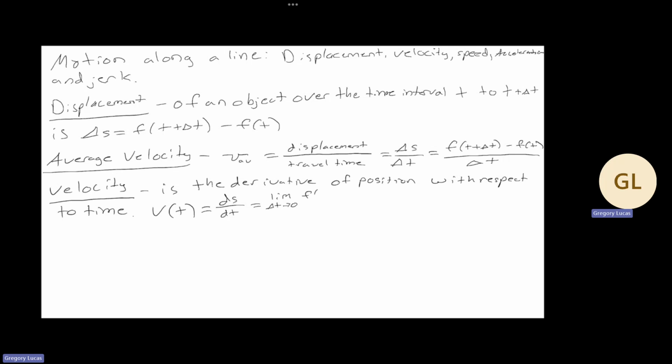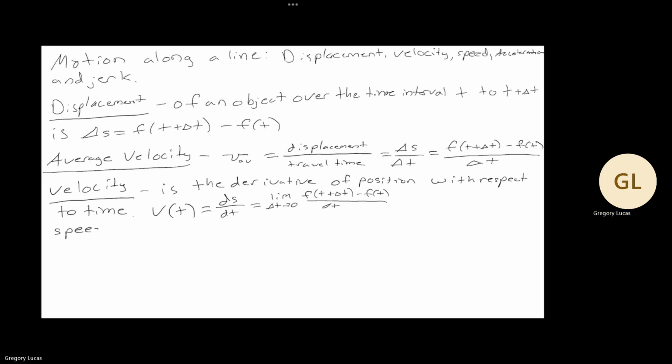So we have f of t plus delta t minus f of t, all divided by delta t. So when we find velocity, we're not going to use our definition of a derivative, but we can see why we have a derivative and how displacement relates to velocity, because if we break it up piece by piece, we get the derivative function.